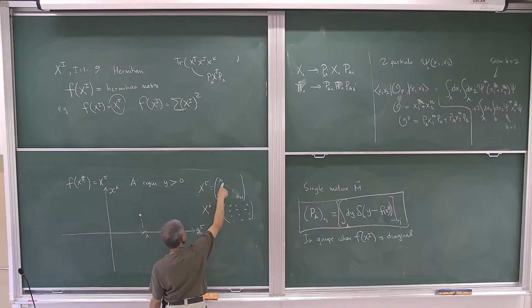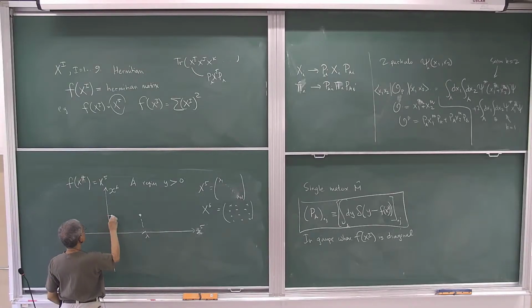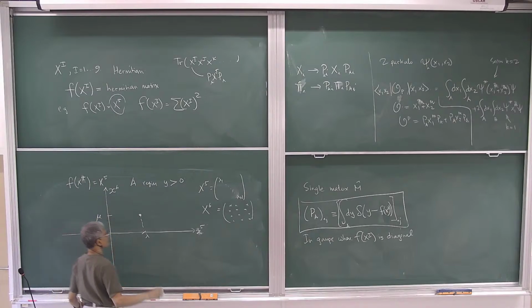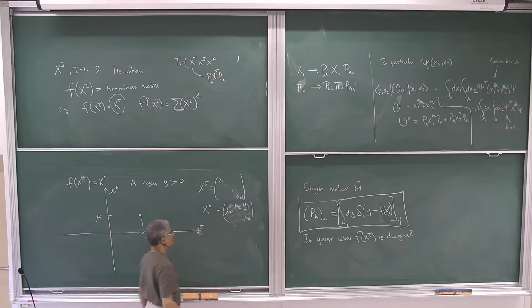Lambda has an index 1 to n corresponding to the n eigenvalues. A 1 by 1 matrix would have just a lambda here, and this one I'll call mu. Let me just draw a line: mu 1 to mu n, and then there is mu 1 2, mu 1 3, and so on, mu 2 1, and so on. And now we'll see where this picture is coming from.